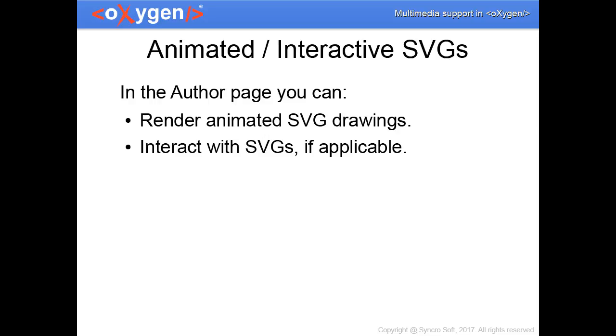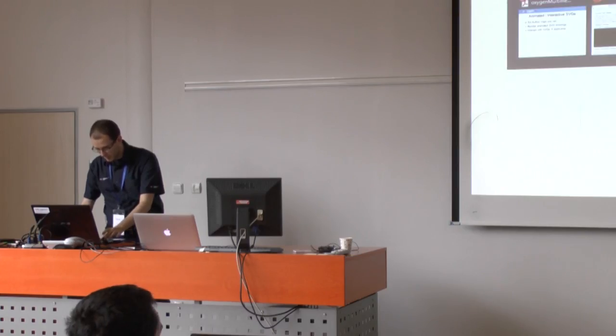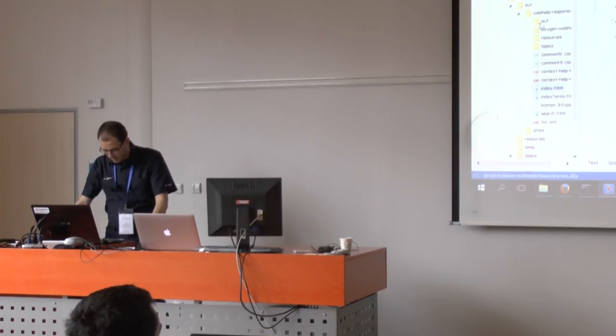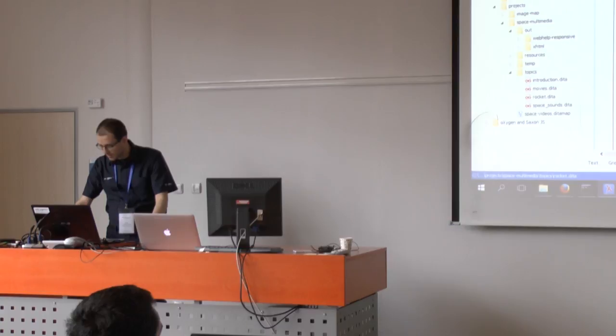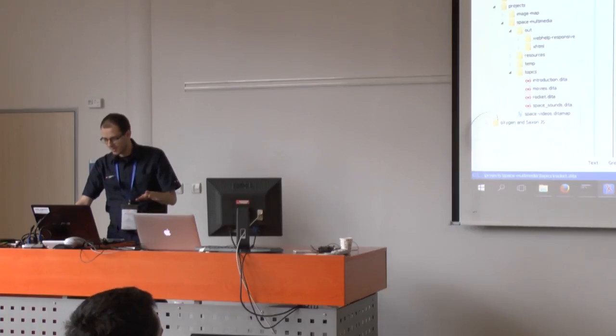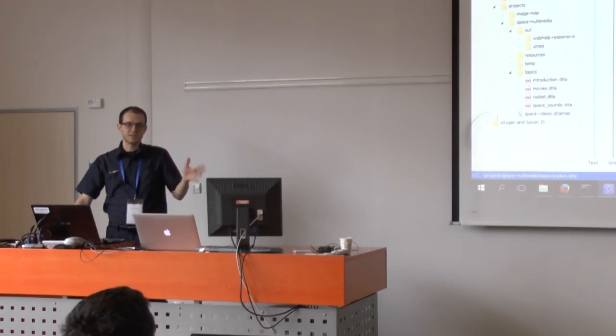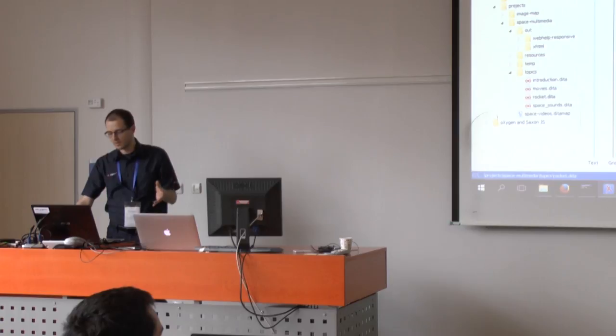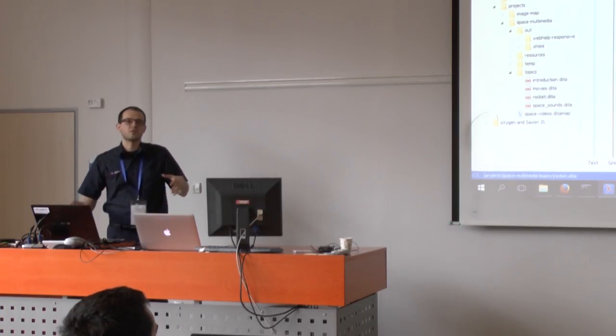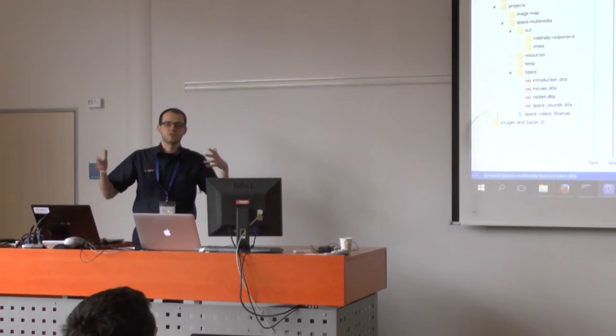And again, I have a sample here in the outer space project. Okay, I know I'm not a graphic designer, but this is just a proof of concept, a very simple illustration of a rocket's structure.